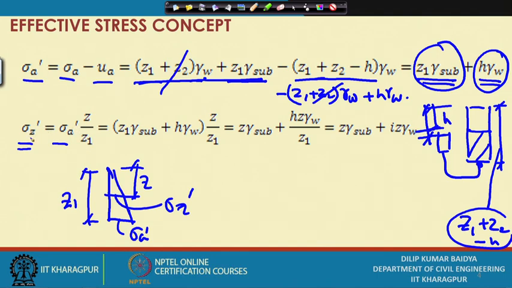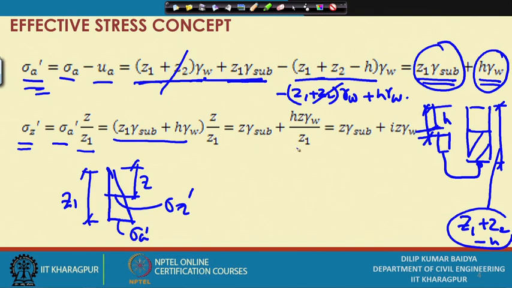So, we can write sigma z dash, we have got sigma a dash, and this is the diagram. Sigma z dash we can get as sigma a dash times z by z 1. So, sigma a dash is this, multiplied by z by z 1, and you can see z 1 gets cancelled.